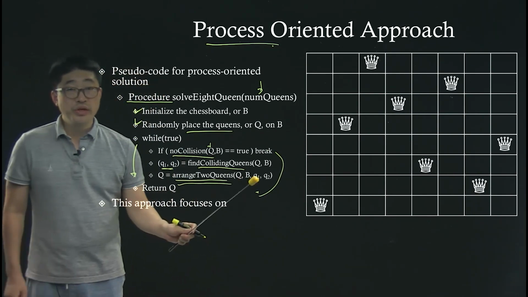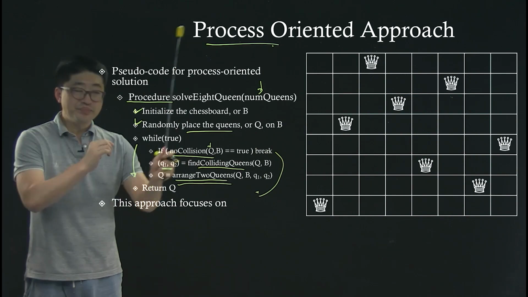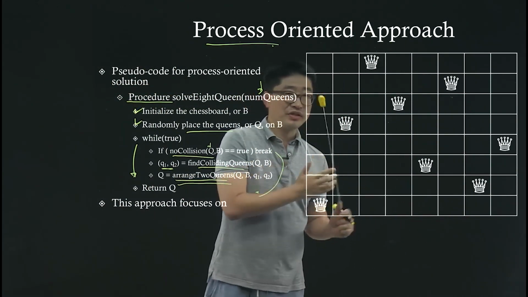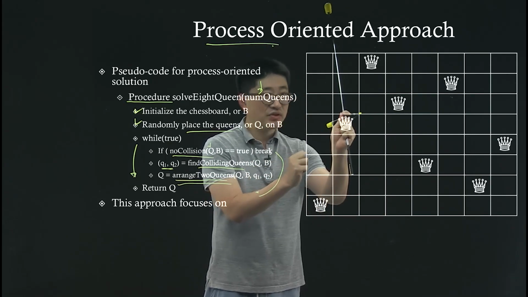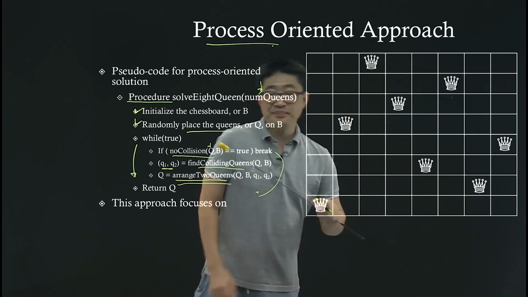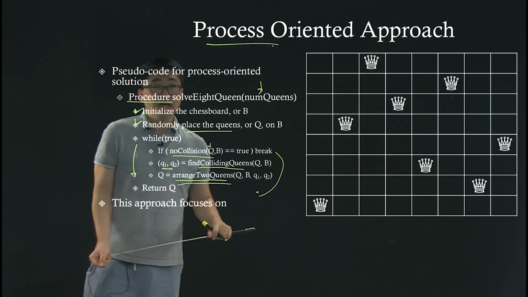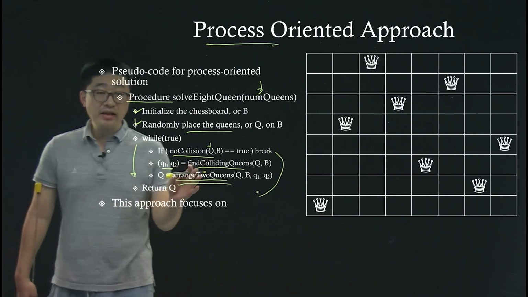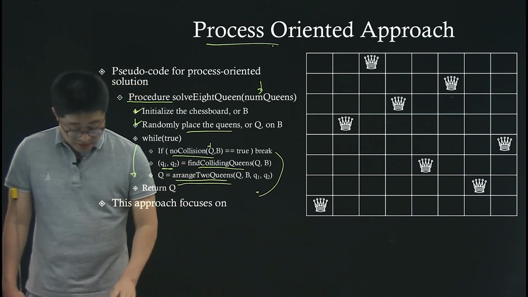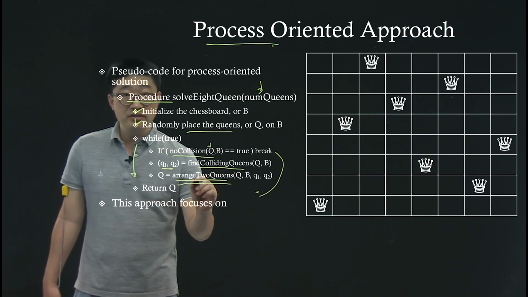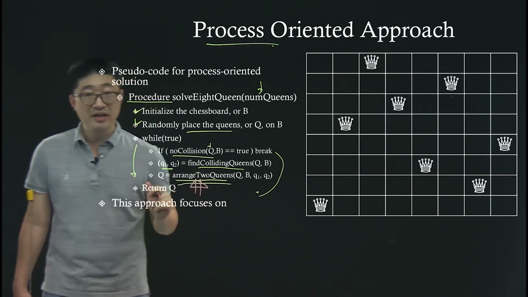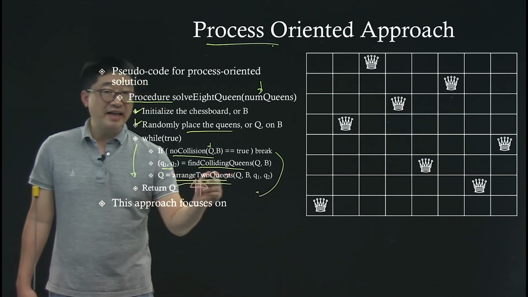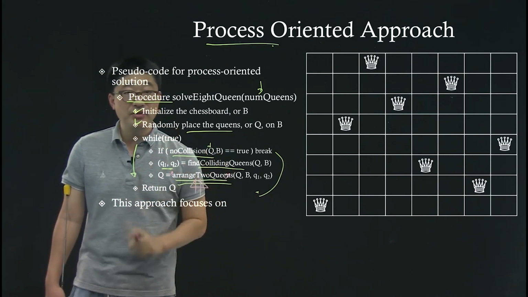So we rearrange just 2 queens and change them into an adequate place, at least so that those 2 selected queens do not attack each other, and we do that until no collisions happen. Of course, this is not a complete description of the arrangement; it will require heavy heuristics to find an adequate method of finding a new place.